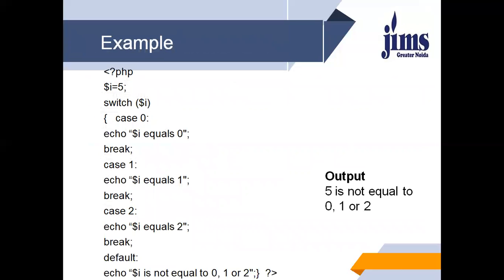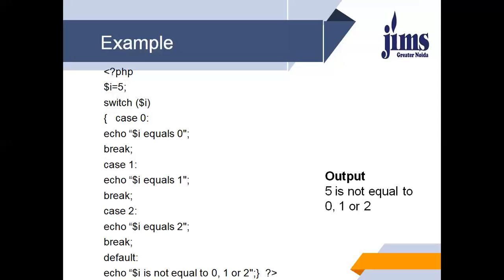We'll see one example. We are assigning a value to this variable $i. Switch $i: case 0, echo $i equals 0; case 1, echo $i equals 1; case 2, echo $i equals 2; and default is $i not equal to 0, 1 or 2.